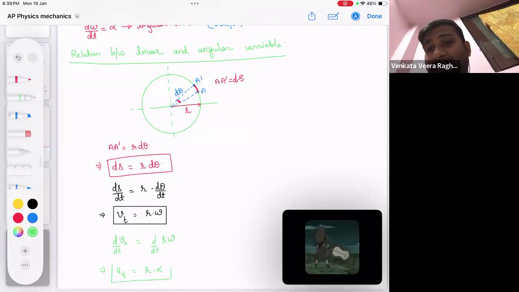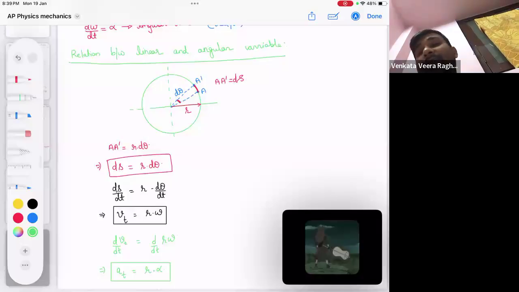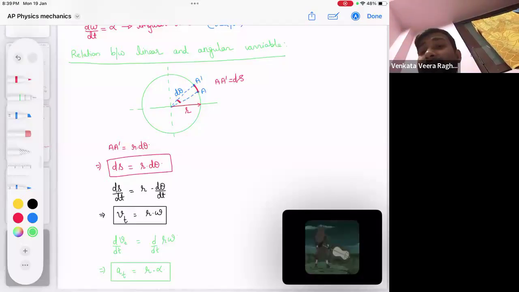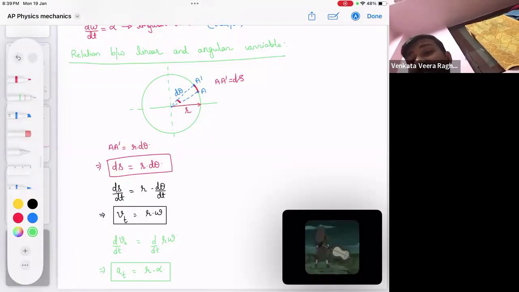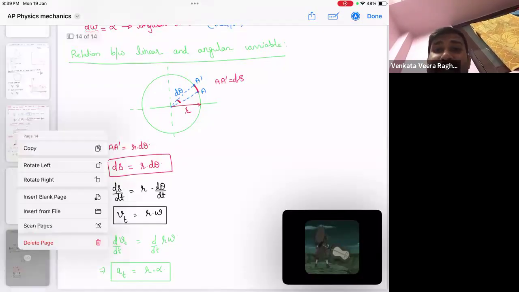So understand the relation between the linear and angular variable. Here ds is linear displacement, d theta is angular displacement, vt is linear velocity, also called tangential velocity, and at is called the tangential acceleration. So these are the relations between linear and angular variable. Understood?